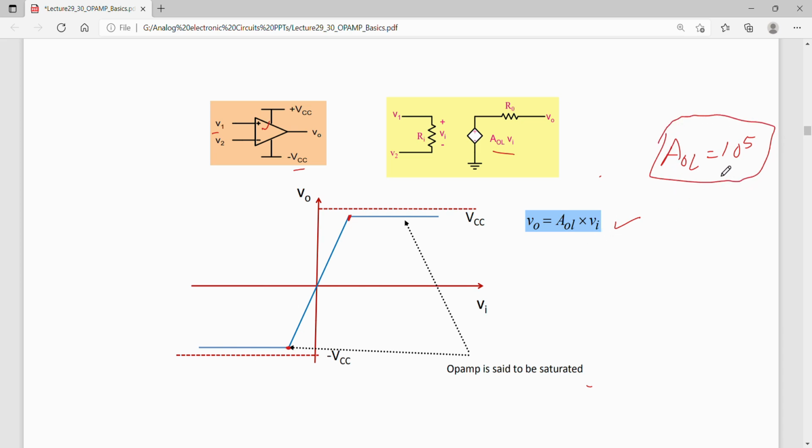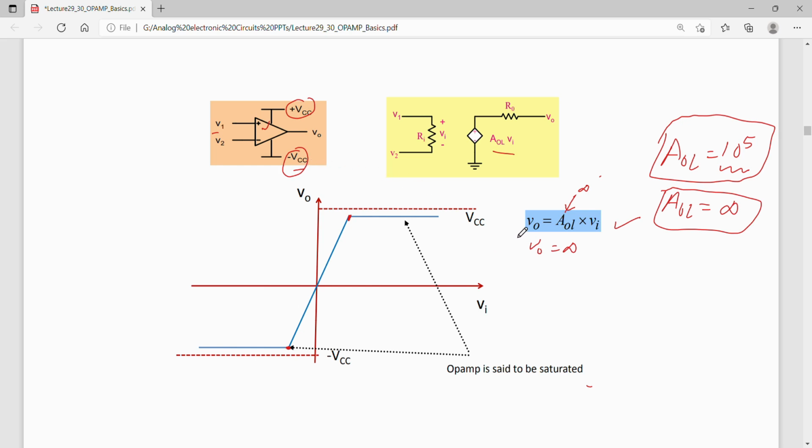If open loop gain is 10 to the power 5, or even infinite, that does not mean that my output can also be infinite. Obviously it has to saturate at some value, and that value is plus and minus VCC.